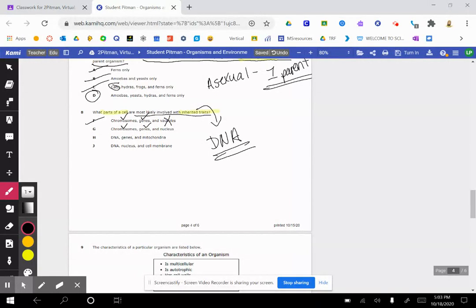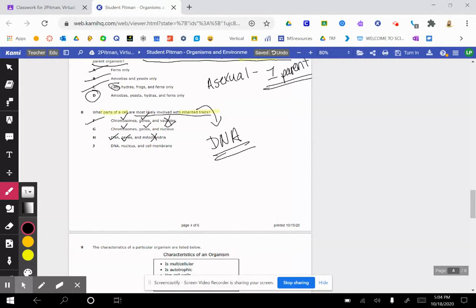So looking at G, chromosomes, yes; genes, yes. And where do I find the chromosomes? In the nucleus. So that's possible. Let's check H. DNA, yes; genes, yes; mitochondria, no. Remember, mitochondria are like what we call the powerhouse of the cell. They're like the battery, they produce energy for the cell.